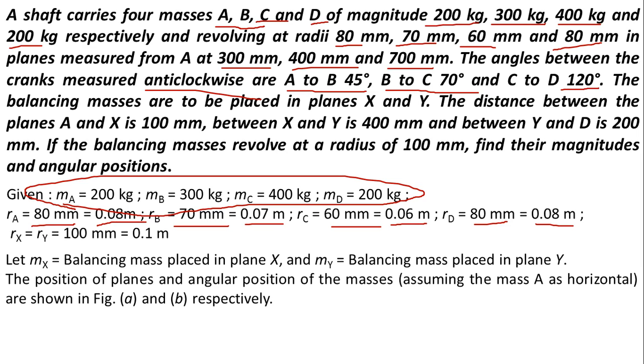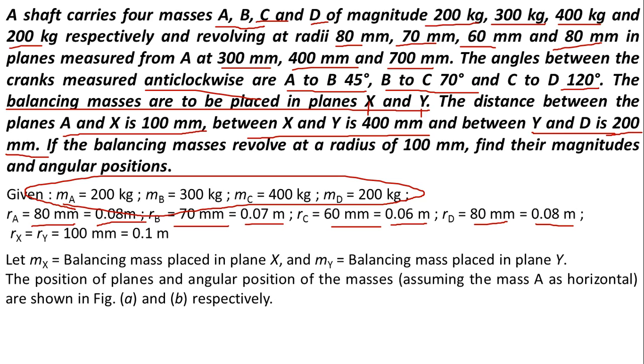The balancing masses are to be placed in planes X and Y. So apart from planes A, B, C and D, you need to find the planes X and Y. The distance between planes A and X is 100 mm, between X and Y it is 400 mm, and between Y and D it is 200 mm.